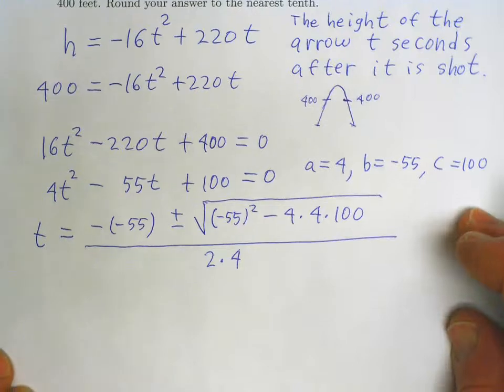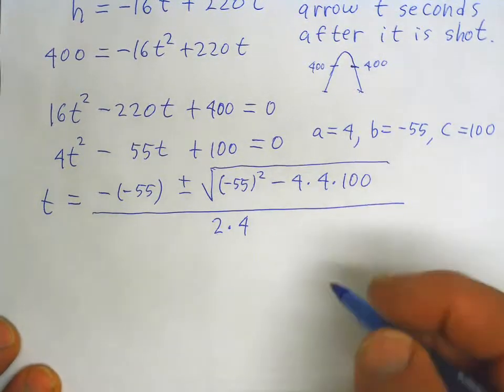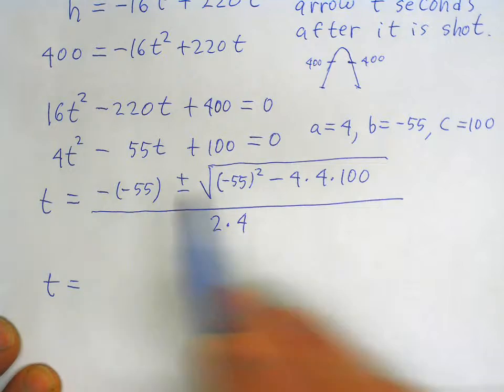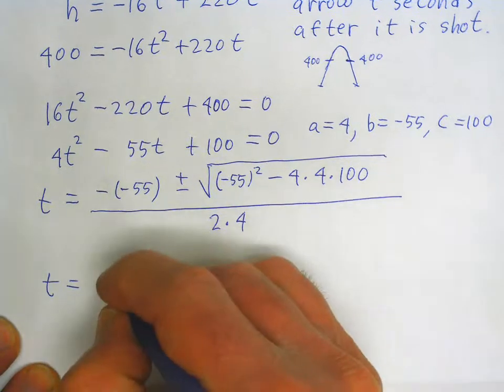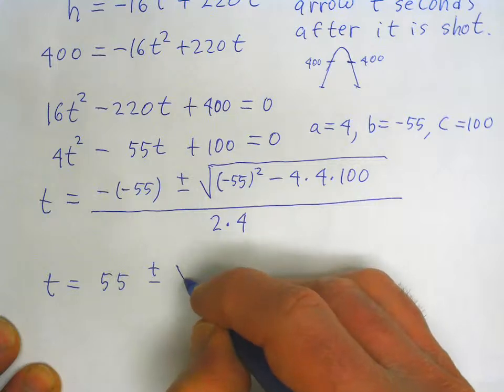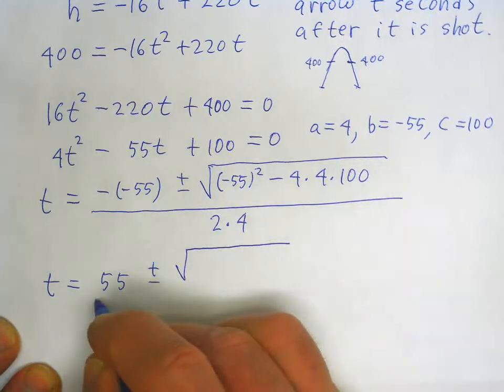And now we'll do some arithmetic. The negative of negative 55 is 55, plus and minus the square root of some number, all divided by 8.